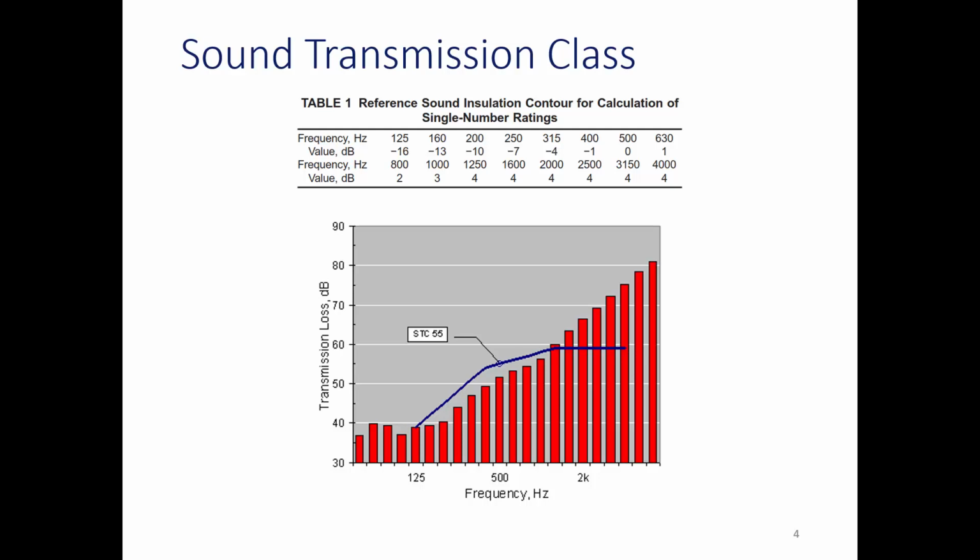So long as you satisfy that criteria that you're 8 or under or 32 or under, then whatever value this curve has at 500 hertz, that is your STC value. So if you had more transmission loss that was measured, this would get shifted up and you would get a higher STC rating.